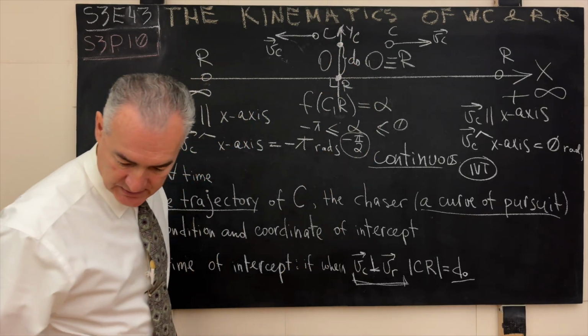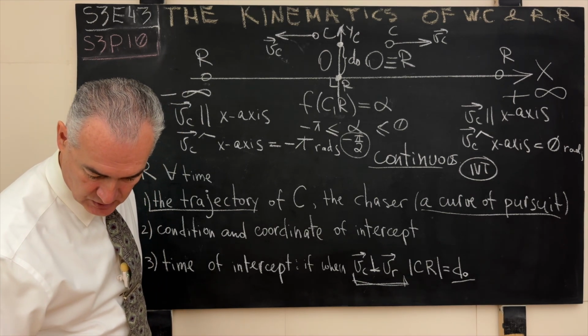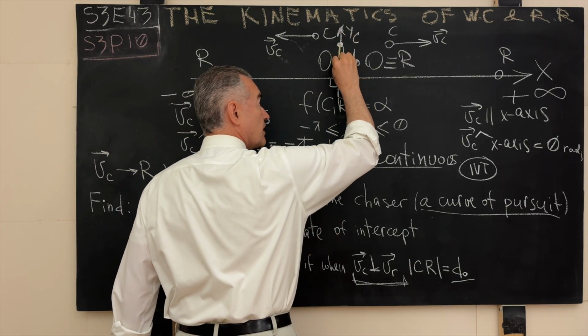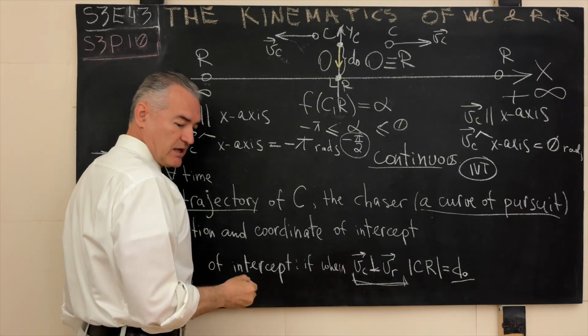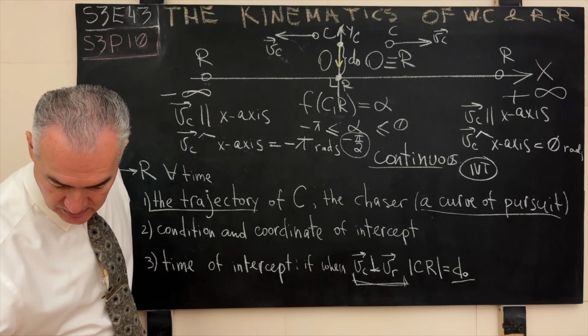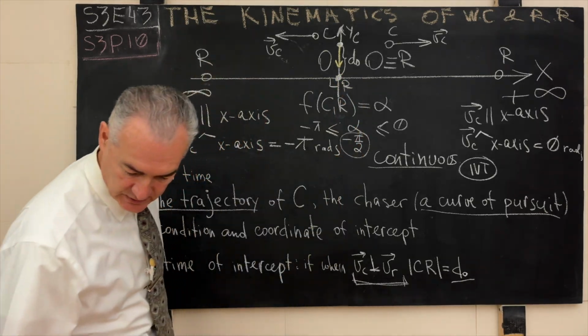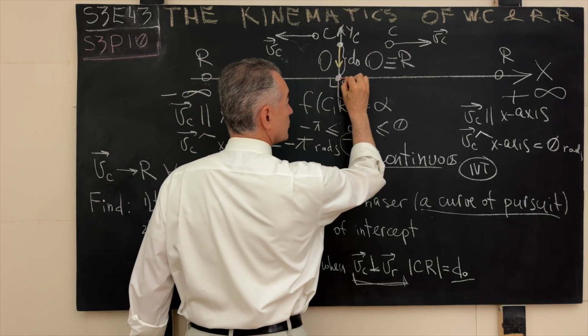And let's take, I don't know, yellow maybe color. See, the vector of the velocity of the chaser will be pointing this way at the point R, and the vector of the, well, let's take red color. And the vector of the velocity of the runner will point this way.